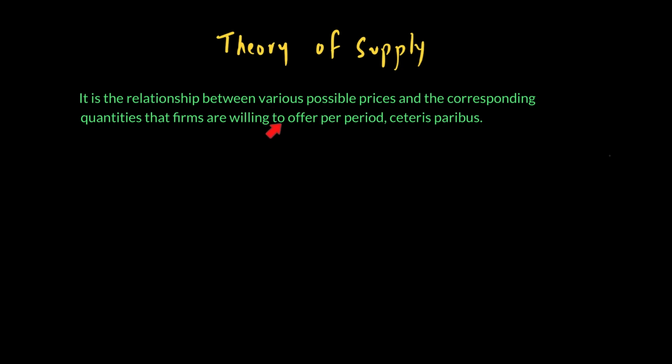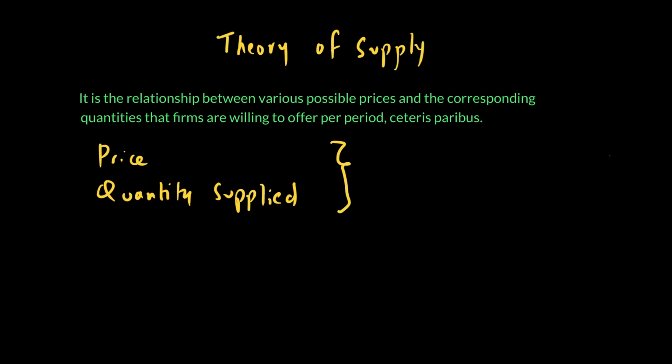So there has to be a willingness for the firm to produce the good, and ceteris paribus means, of course, keeping everything else constant. So we're looking right now at the relationship between two variables only, which is the price of the good and the quantity supplied.